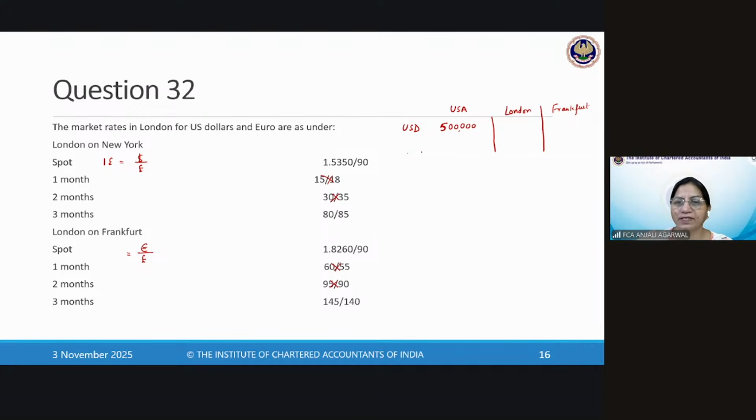So if you invest USD 500,000, 2% is what you will get. So 2% will become 10,000. You will have 5,10,000 USD. Convert them into pounds.